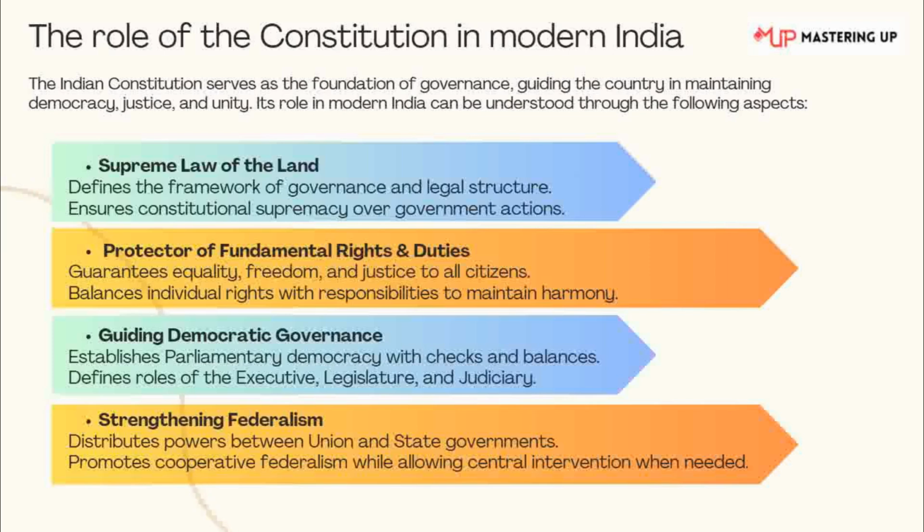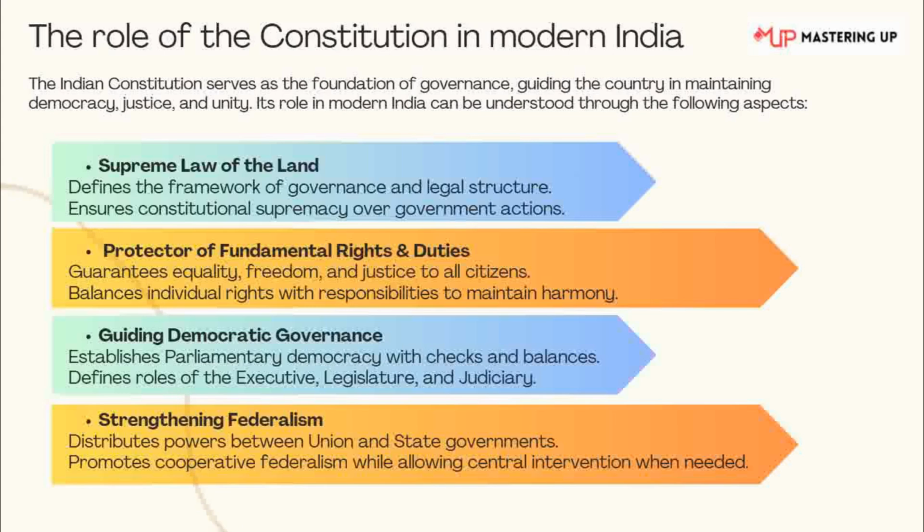Supreme law of the land: defines the framework of governance and legal structure, and ensures constitutional supremacy over government actions. Protector of fundamental rights and duties: guarantees equality, freedom, and justice to all citizens, and balances individual rights with responsibilities to maintain harmony.